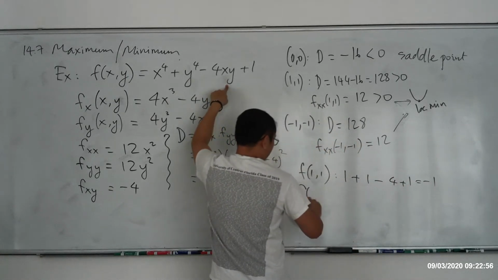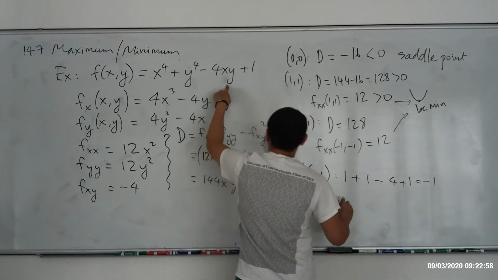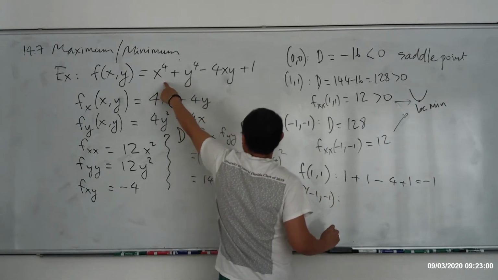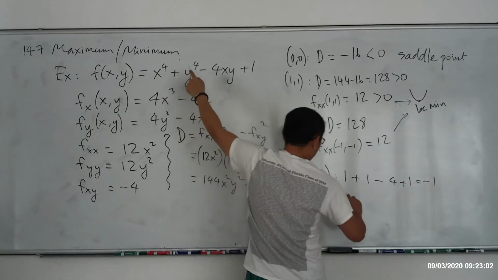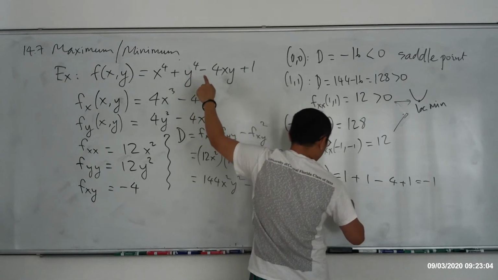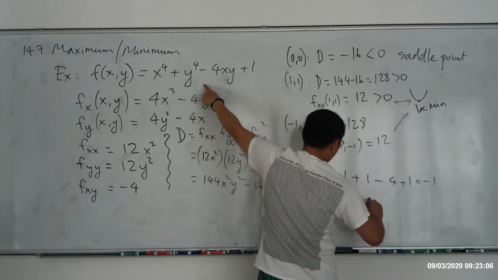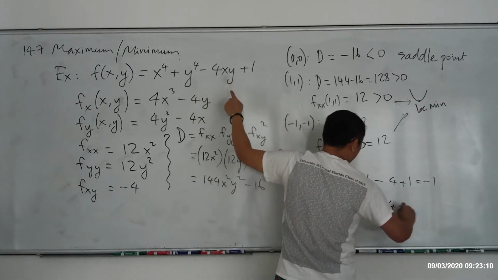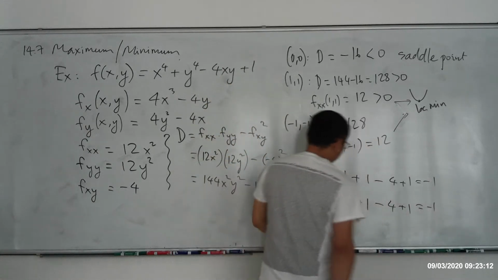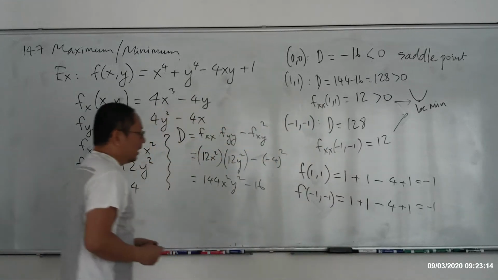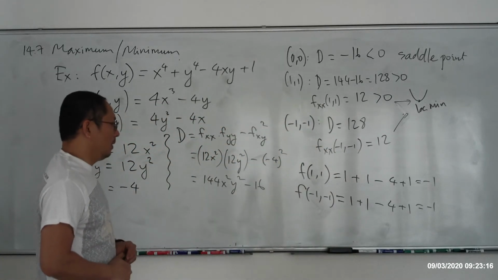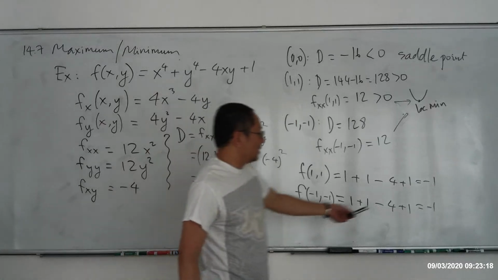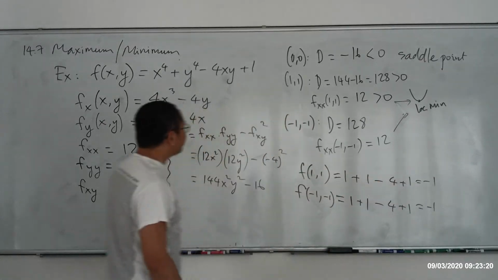And F(-1, -1), you do the same thing. Look at -1 here, I still have 1 plus 1 minus, and -1 times -1 times 4 is still 4, and then plus 1, equal to -1. So you have two local minimums, and the minimum value is -1.